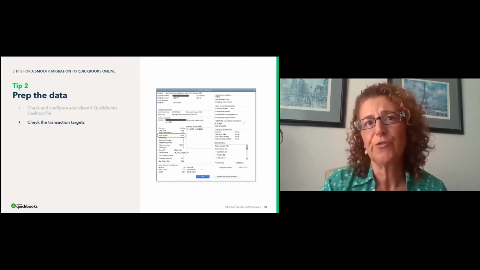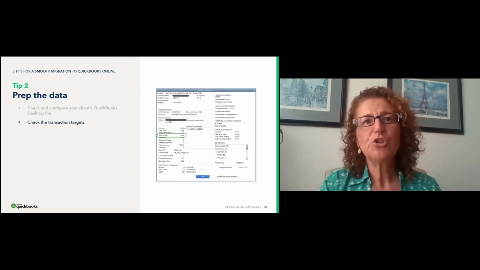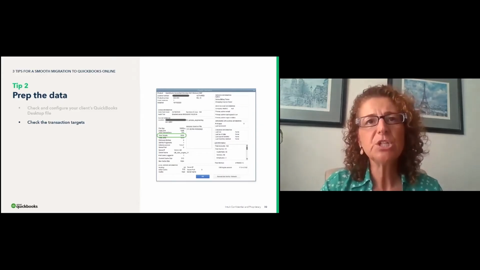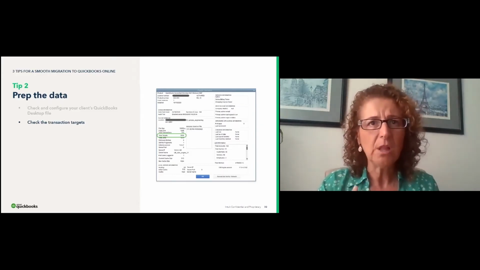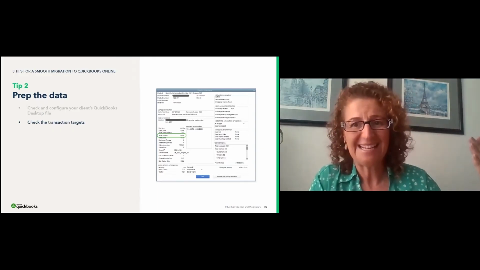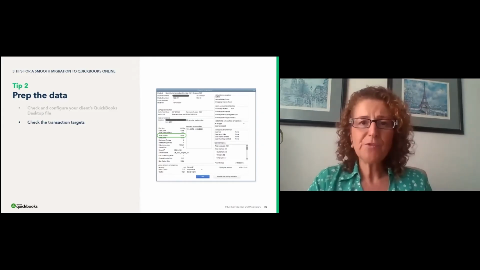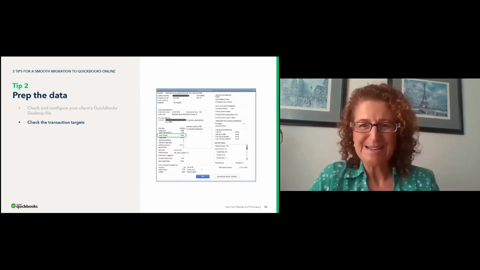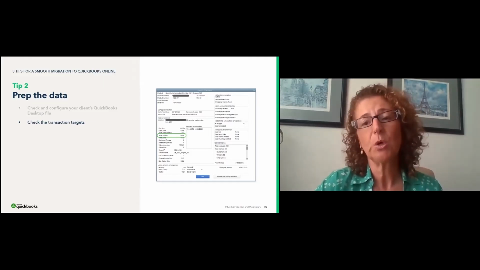And when you want to convert historical data and the count is too high, there is an opportunity to condense data. There is a utility which will reduce the size of the file so that you can get it into the online migration tool. For some of you, if that makes your stomach hurt, what you will want to do is use QuickBooks as an assistant to migrate that file.